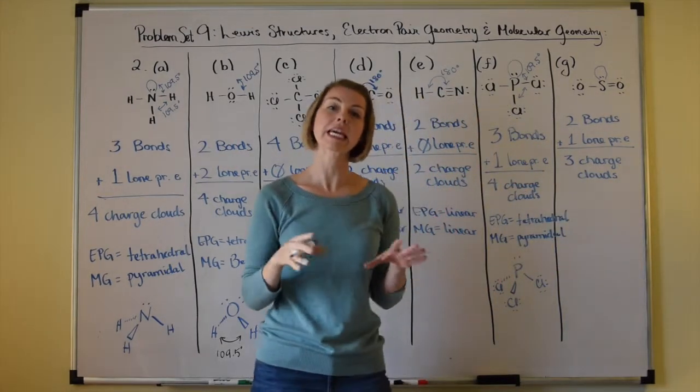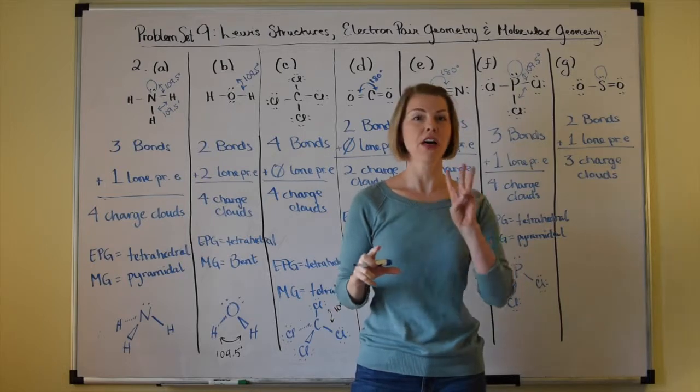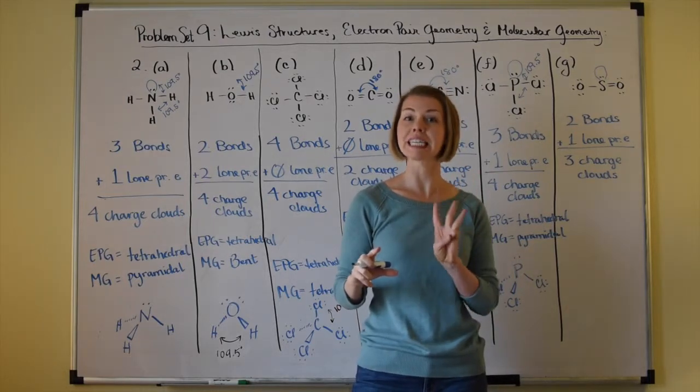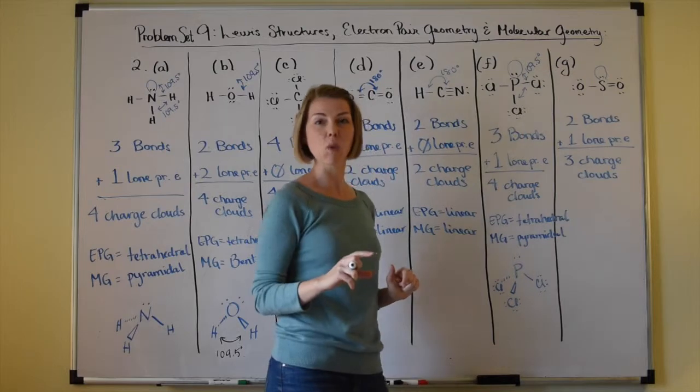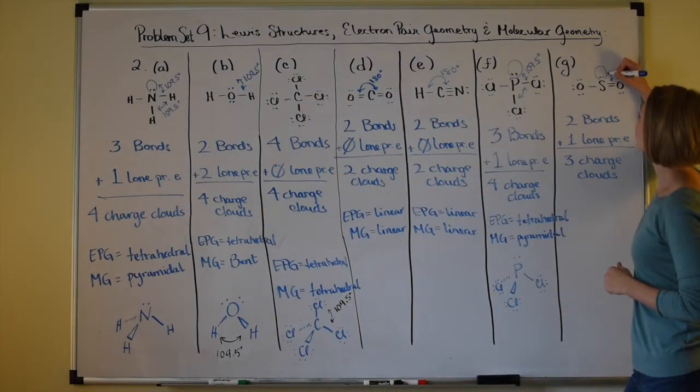Okay, so remember that the maximum distance apart in 3-dimensional space that 3 charge clouds can get is 120 degrees. So the angle between all of these charge clouds is 120.